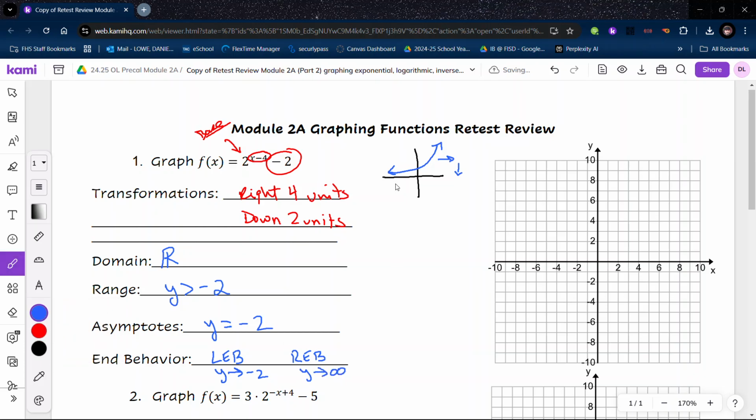That's because on the left side of the graph, we have our function that has moved down by 2 units, and so we're going to have a left end behavior towards -2, and the right end behavior, once I move to the right, is going to be going up towards infinity.